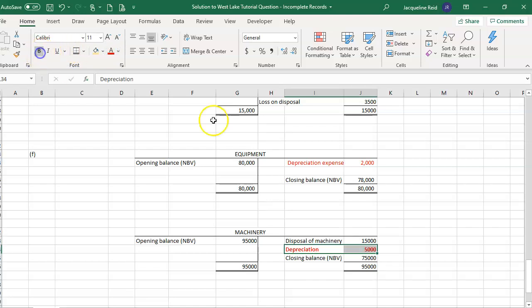So now we can lump everything together in terms of the total depreciation, because that is what the question was asking for. What is the depreciation expense?